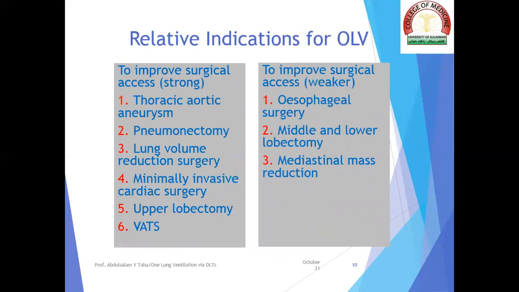The relative indication for one lung ventilation is to improve surgical access, which can be a strong indication or a weaker indication. The strong need for improving the surgical access is encountered in thoracic aortic aneurysm, pneumonectomy, lung volume reduction surgery, minimally invasive cardiac surgery, upper lobectomy, and video-assisted thoracoscopic surgery.